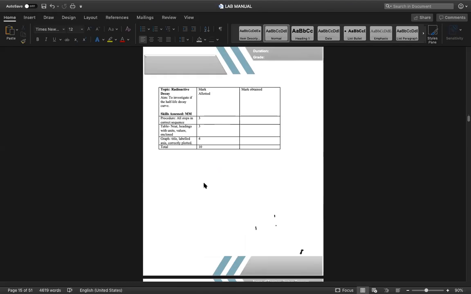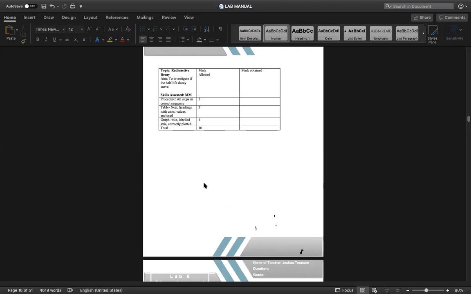No, you would have a separate section, right? You would have a separate section for the limitation, then a section for source of error, and then you will have your precautions.